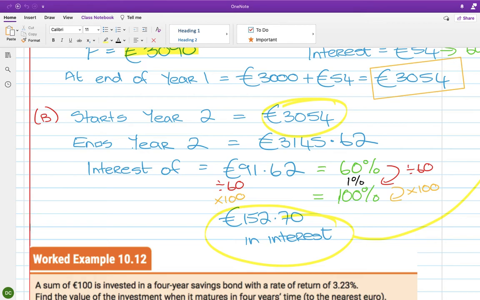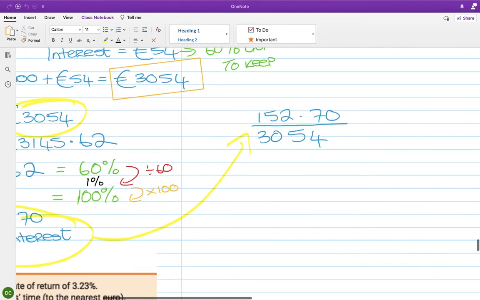So we earned 152.70 on 3054. So that gives us 5% was the interest for year 2.